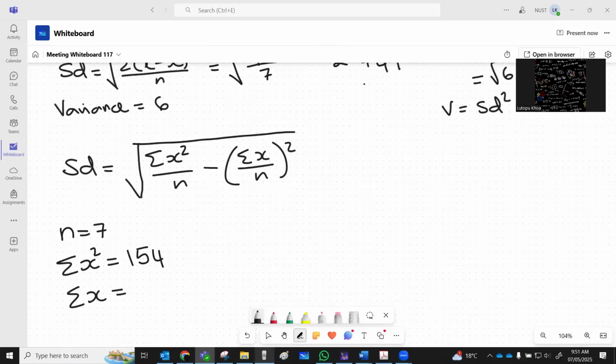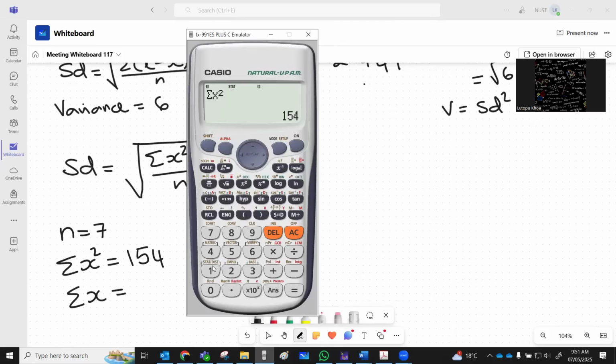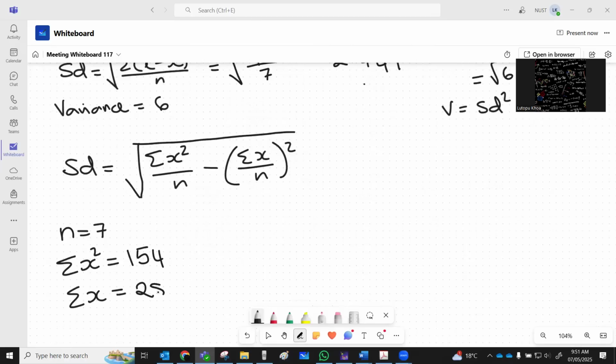And then this one here, back to our calculator, shift, stat, option number 3, and it's this one, number 2. Equals, and this is 28. And then just to show that we've done some calculations, I'll take these values that I got on my calculator and I'll just substitute this one here. This is 154 and my n is 7 minus this one, the sum of the x's.